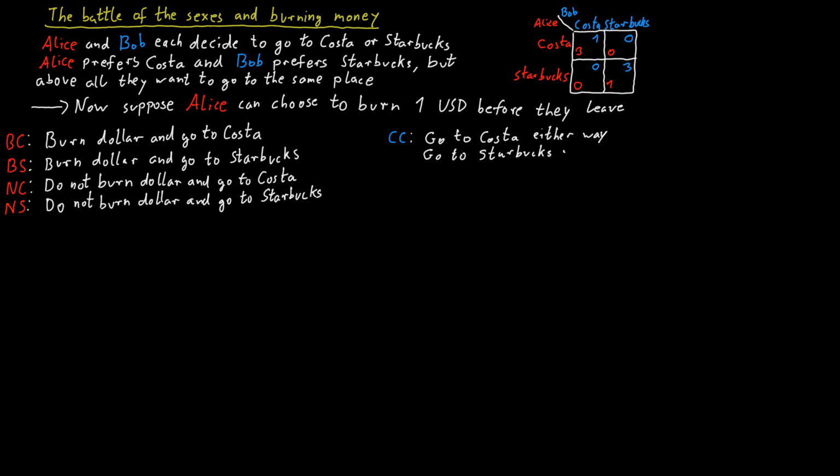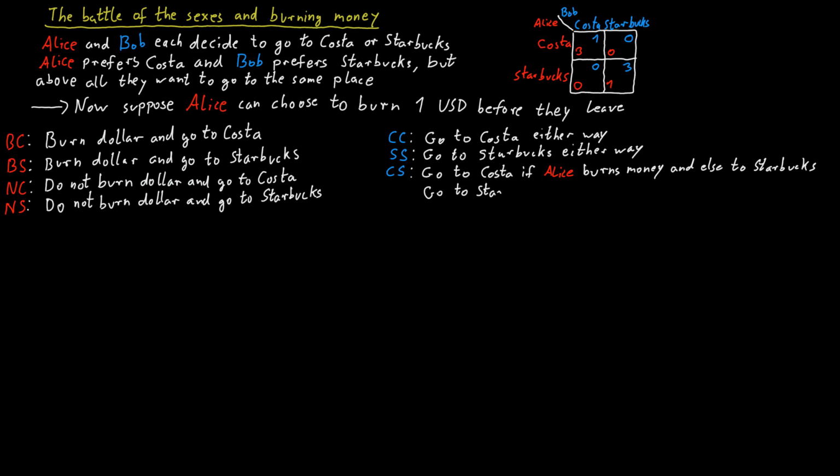To go to Starbucks either way. Let's call this SS. To go to Costa if Alice burns the money, and to Starbucks otherwise. Let's call this CS. Or to go to Starbucks if Alice burns the money, and to Costa otherwise. Let's call this SC.